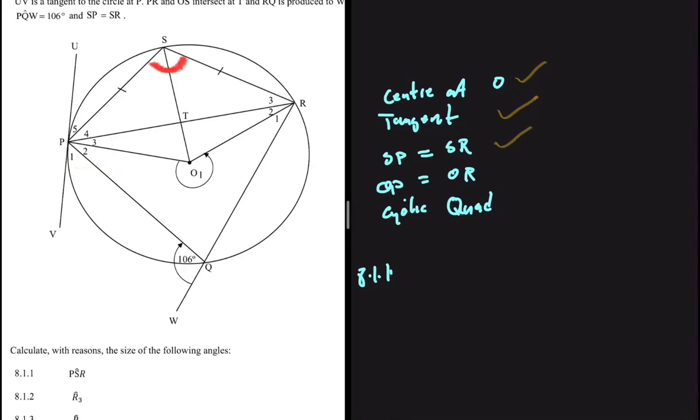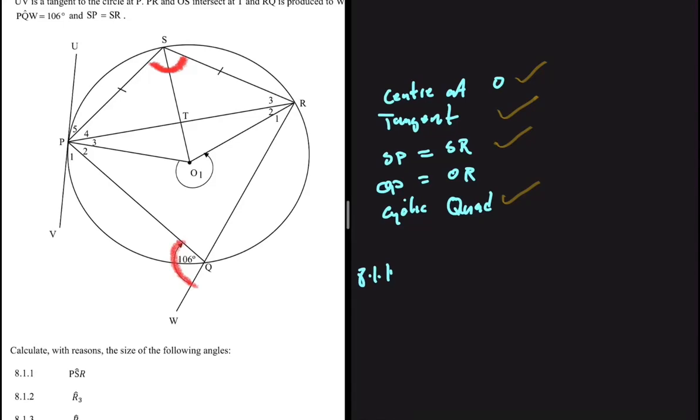SP is equals to SR. It will be easy to find the size of that angle if, for instance, we had P4 or we had R3, right? And then OP is equals to OR. It has nothing to do with that angle. And then the last keyword is cyclic quad. And as you can see, angle WQP, this angle here of 106 degrees, should be equal to angle PSR.